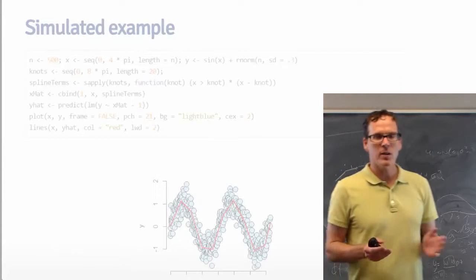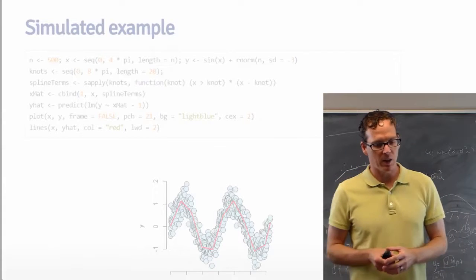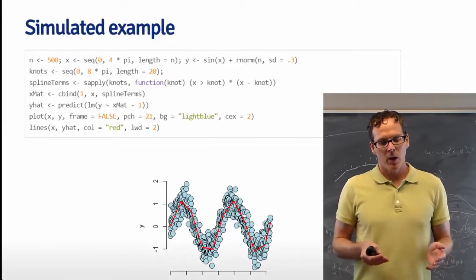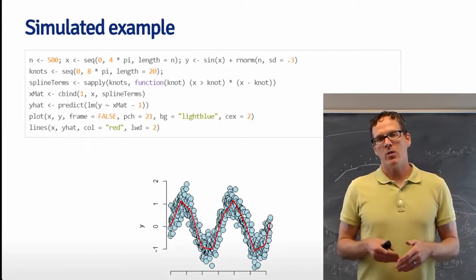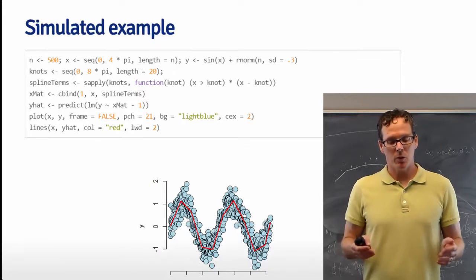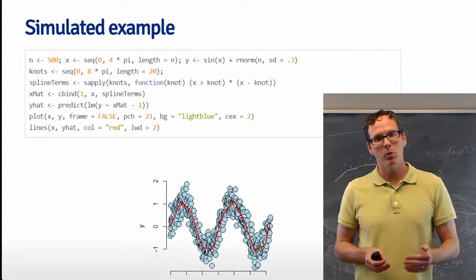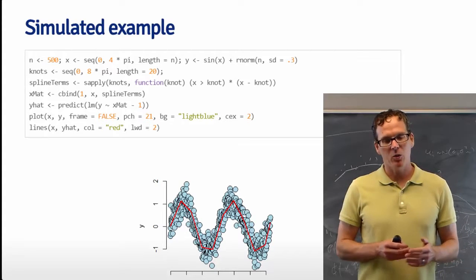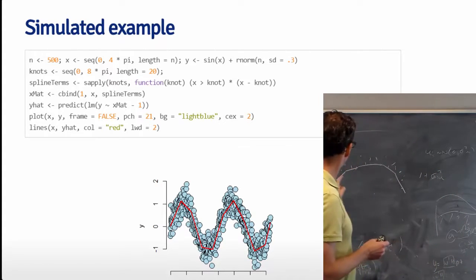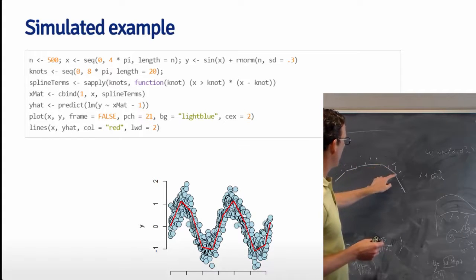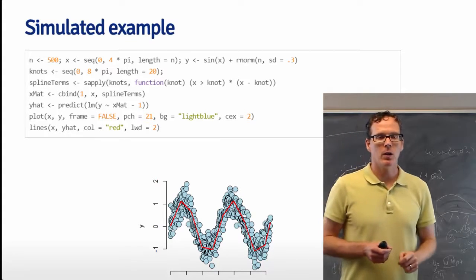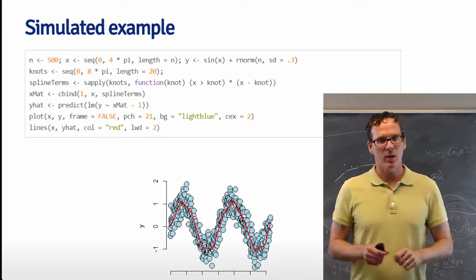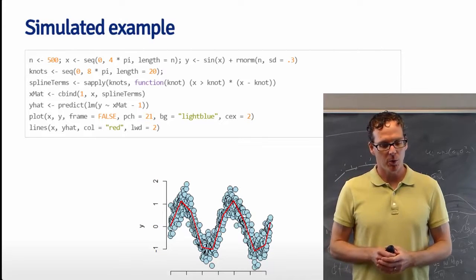I think the easiest way to show this would be to go through an example. In this example, I simulate data that's a sine curve plus noise, and you can see that in the blue points on the plot. What I'm going to do is grab a bunch of knots. Those are the breakpoints where the line will be continuous but not smooth at those points.